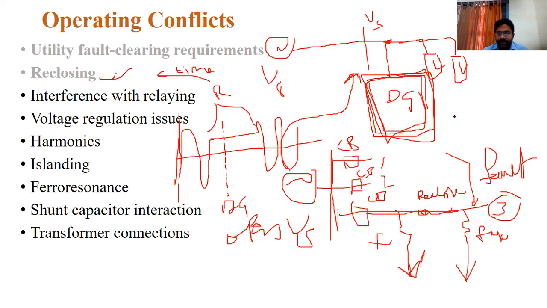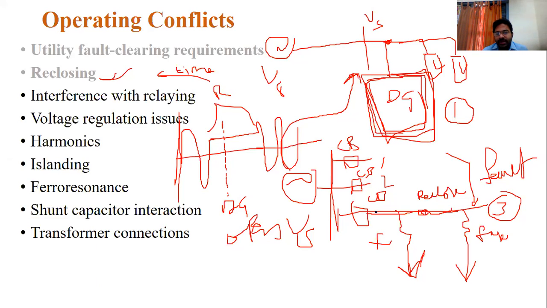I once again repeat that whenever we operate these DGs, without any deviations or faults, you must maintain a separate protective scheme for the DG and a separate protective scheme for the feeder at the same time.